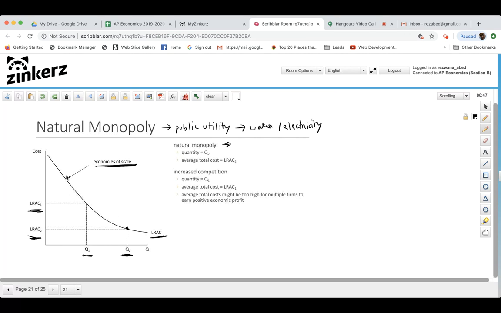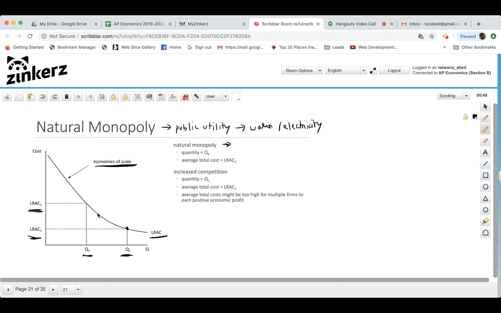What is essentially happening? With monopoly, they're the single producer of a good or service. That is what makes a monopoly, and it is very hard for other firms to come into these kinds of markets. So we don't really show shifts imagining what happens when other firms come in.